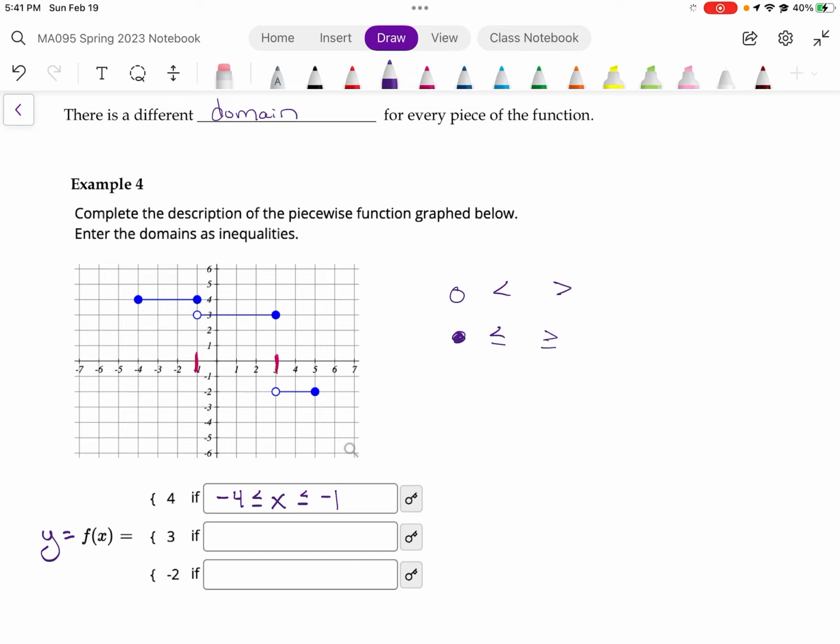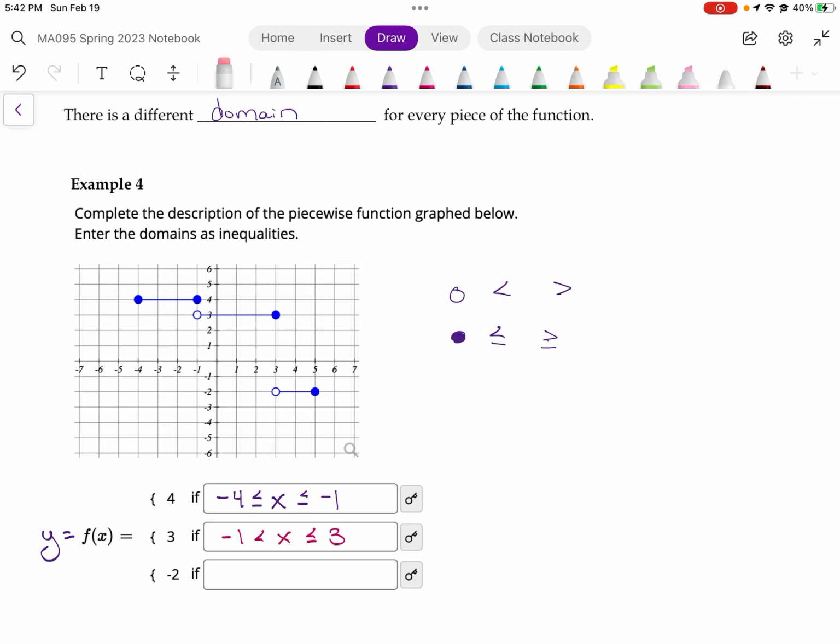So the open dot, it literally means you're not including that point. So just think of it that way. The closed dot means this point is included. All right. So we've got from -1 is less than x is less than or equal to 3. And that is because at -1 it's an open dot, and at 3 it's closed.